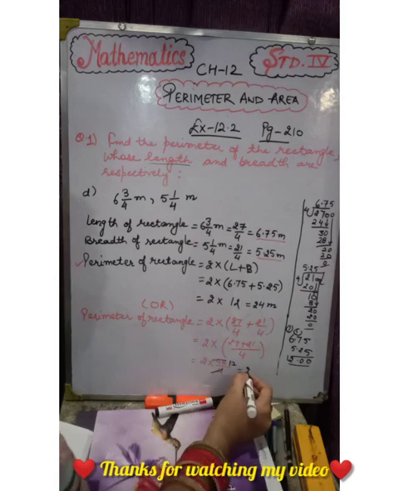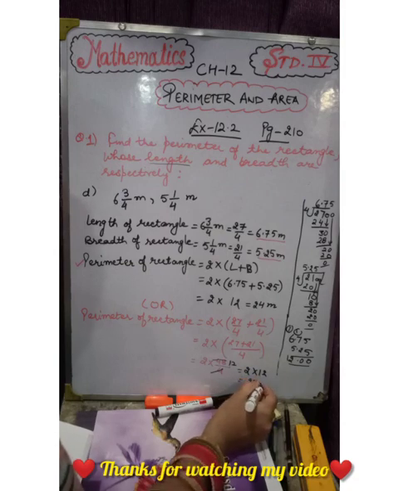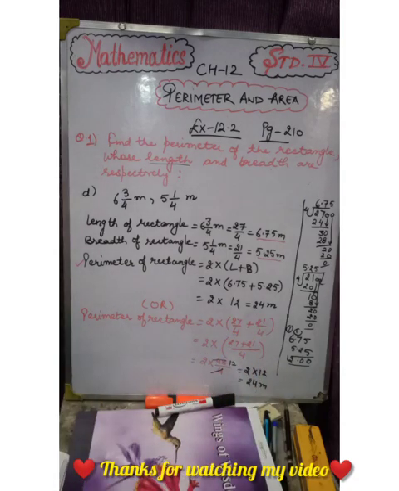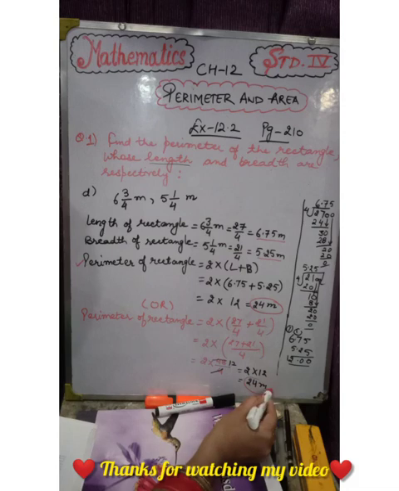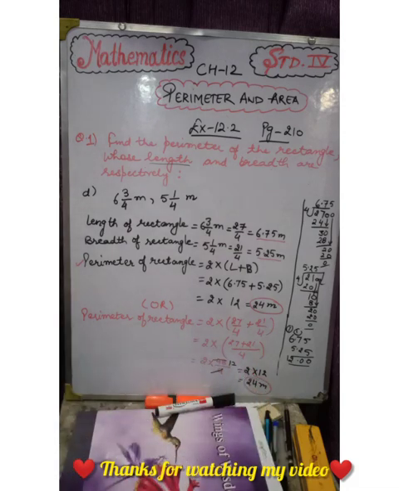So this is equal to 2 multiply 12. Answer is 24 meter. So answer comes out the same in both the methods. You can check from here, 24 meter and 24 meter. Both the answers are same with the help of both the methods. So you can adopt any method. Both the methods are correct.